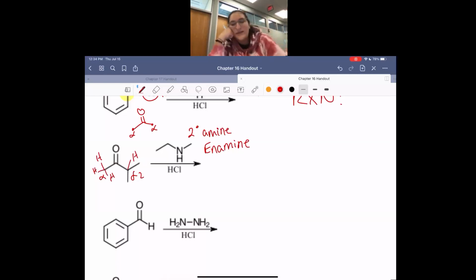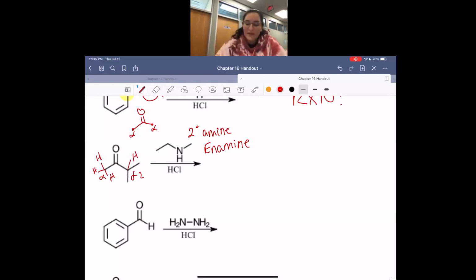Okay, so which hydrogen are we going to take? Alpha 1 or alpha 2? A lot of students will say alpha 1 because there's more hydrogens present, right? But someone said alpha 2. And I'm actually going to agree with that answer.